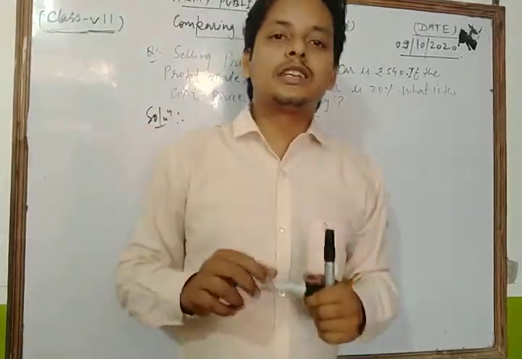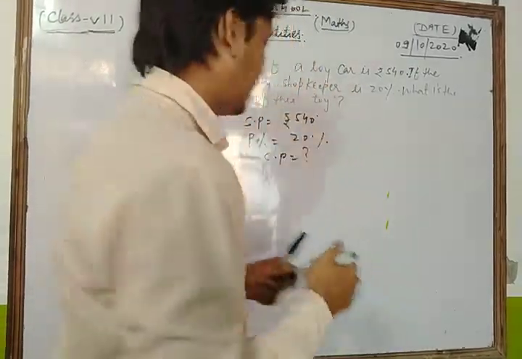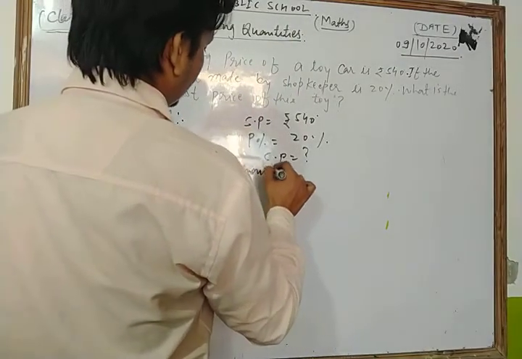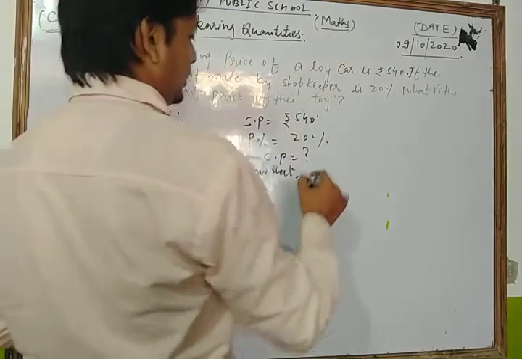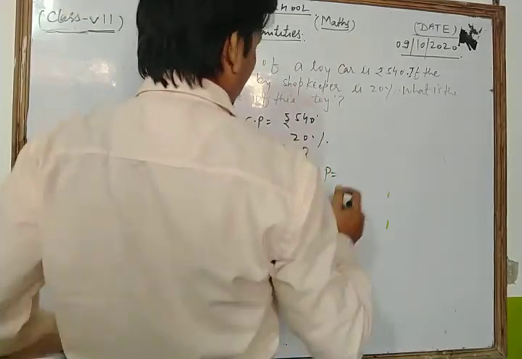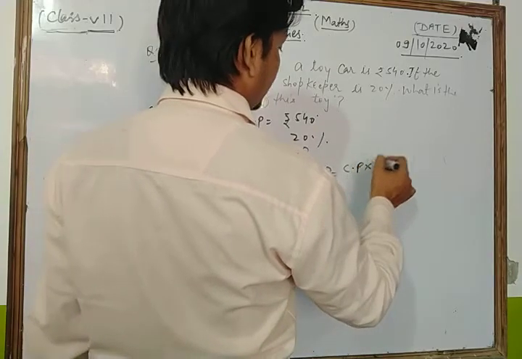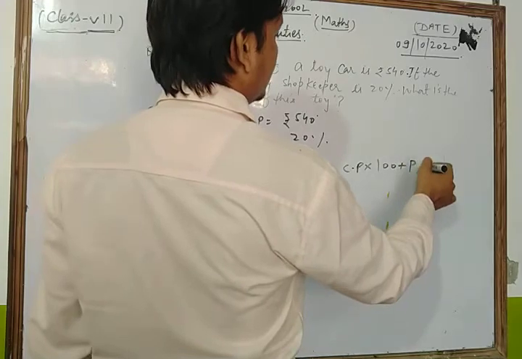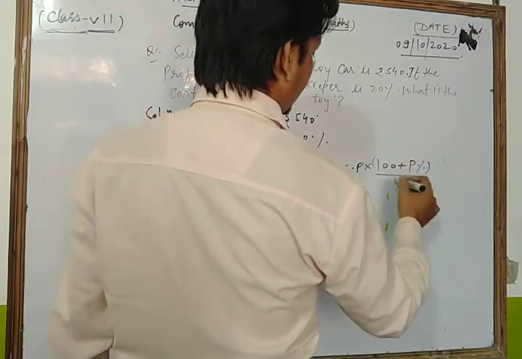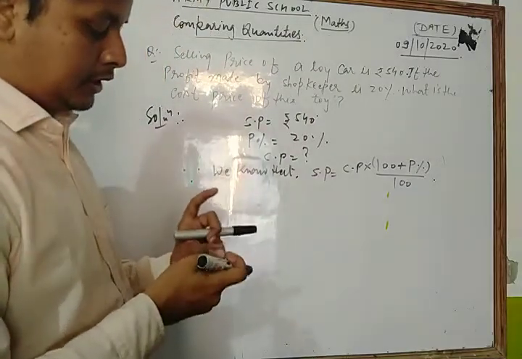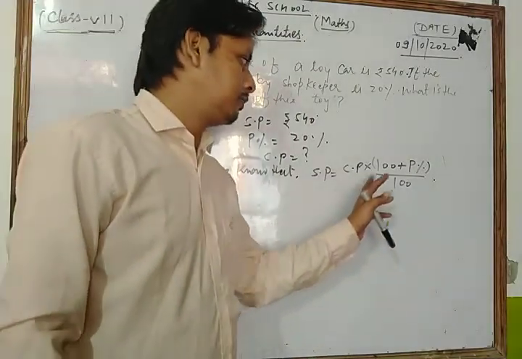Now, I just discussed the formula. We know that the selling price of an object is equal to cost price into 100 plus profit percent upon 100, because in this question the profit percent is given.